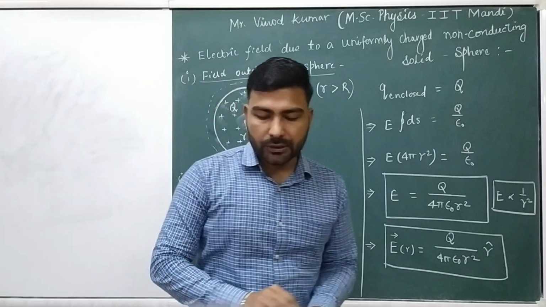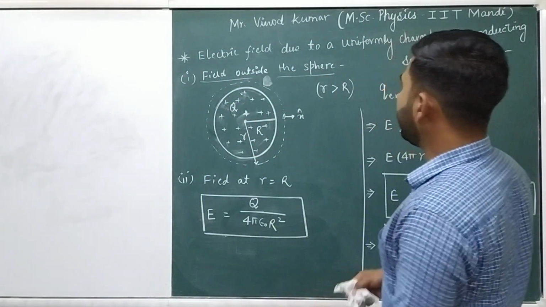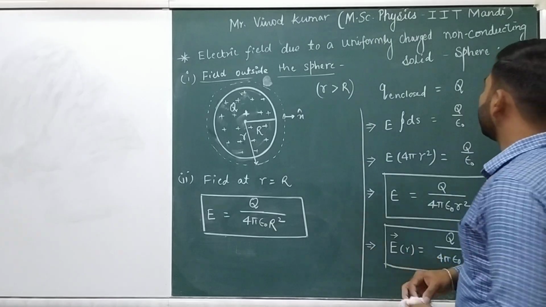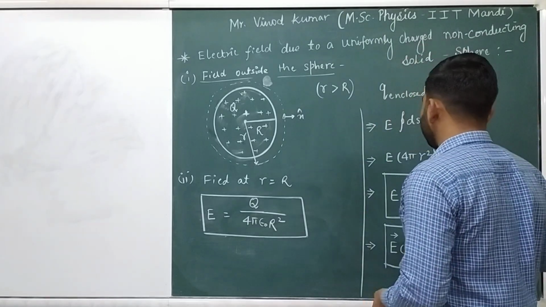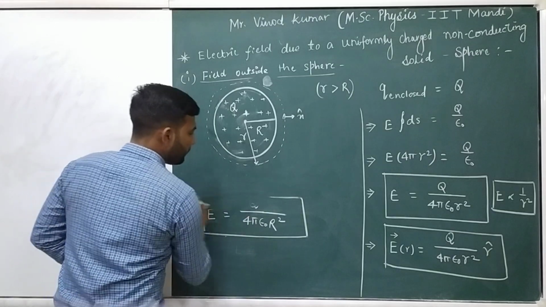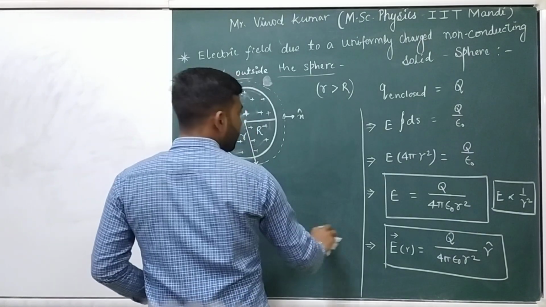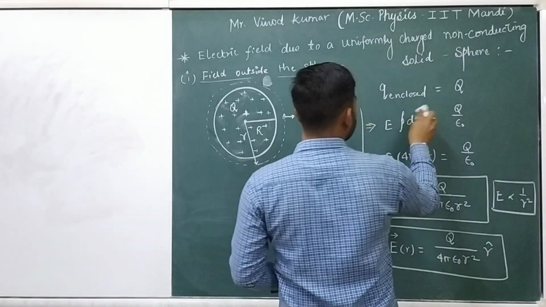Now the third case, we are going to take the electric field inside the sphere. What will be the electric field inside the sphere? For that we have to assume a spherical Gaussian surface inside the solid sphere.